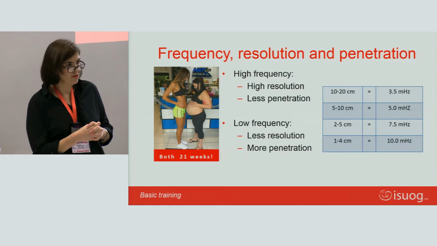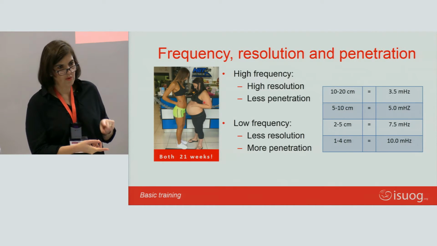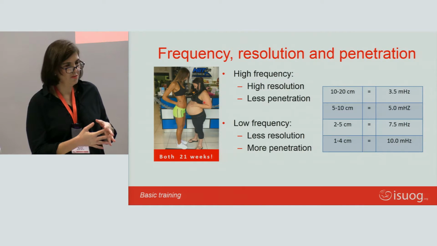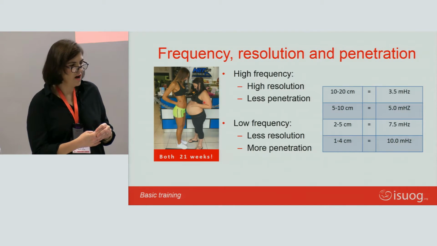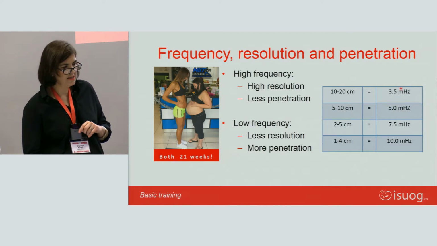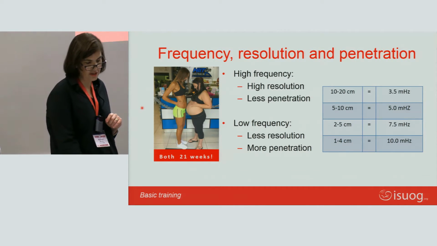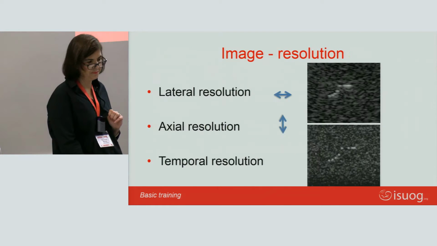So high frequency transducers give you high resolution but a short wavelength, and they are the ones you preferably use in skinny patients. Lower frequency transducers are better for patients that have higher BMIs. On this table here, you can see the different frequencies and more or less the depth that you can see at for each frequency.